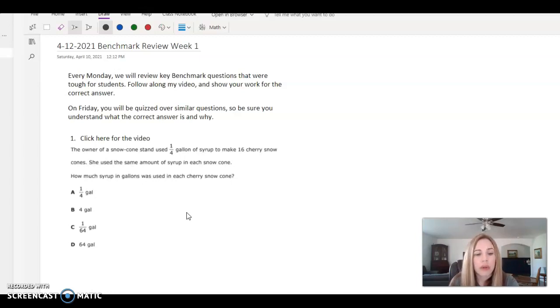What's getting divided up? The syrup is getting divided up, right? She has some syrup. It's going into all the different snow cones. So what gets divided up is what goes first in our division equation. Because the 1/4 gallon is getting divided up, we would say 1/4 divided by 16.